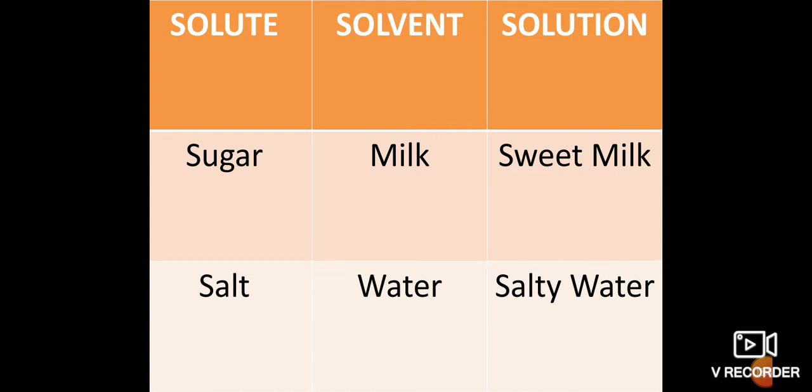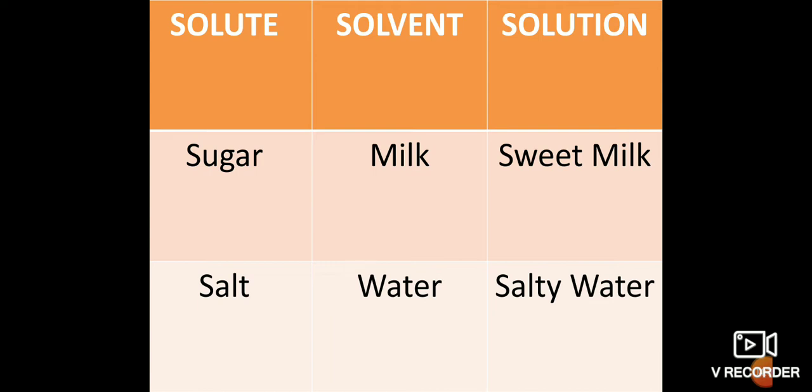We take one more example for better understanding. Now I take solute as salt. Salt, I have to add it with my hand and it is taken in less quantity. Where am I adding it? To water. Water is in larger quantity. It is called the solvent.